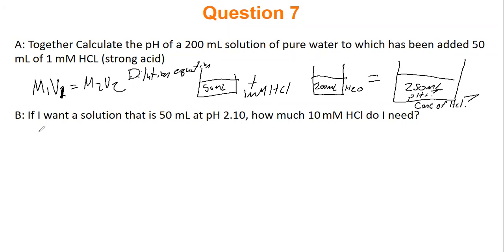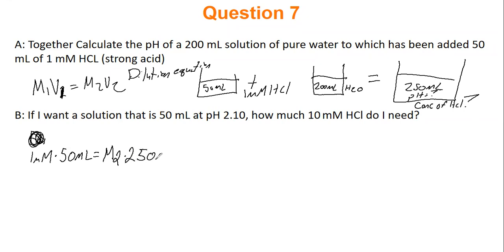So we have a solution that's 1 millimolar HCl, and we have 50 milliliters of that. We want to know in our second solution, what's the molarity? We don't know that, but we do know the volume of the second solution.